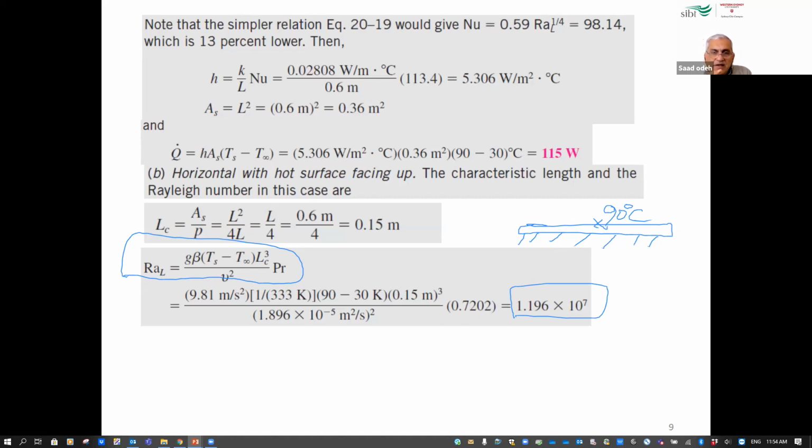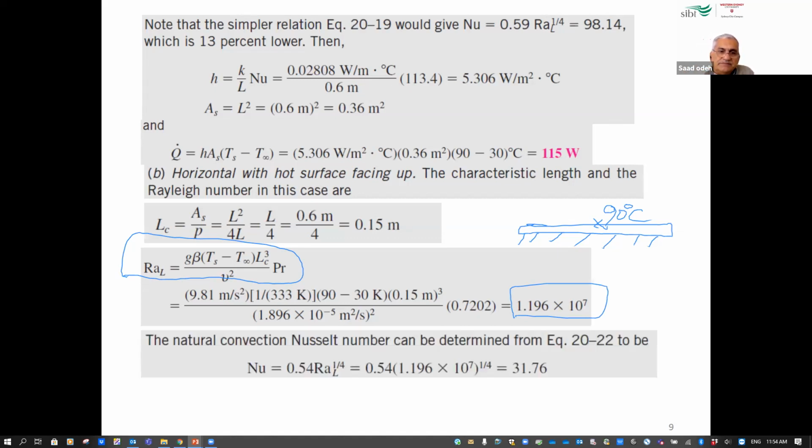Because for the first formula, the range is up to 10 to the power 9, and this is 10 to the power 7, I'll get the same formula as for the vertical case. Or as we said, you can look at this, which is what we found from the table that we had.